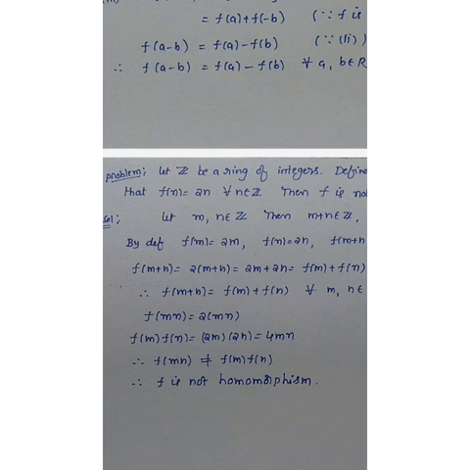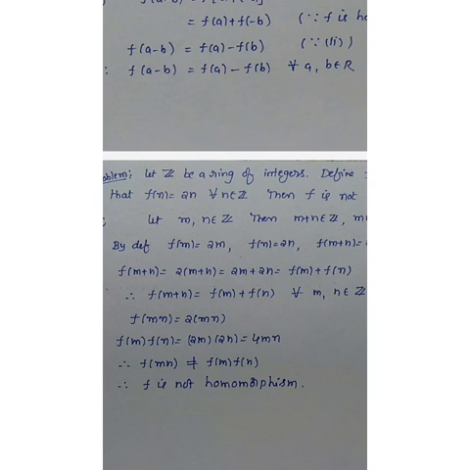But what is LHS? 2mn. And what is RHS? 4mn. So both are not equal. Therefore, f of mn is not equal to f of m into f of n. Therefore, f is not a homomorphism. So the function given in the problem is not a homomorphism.